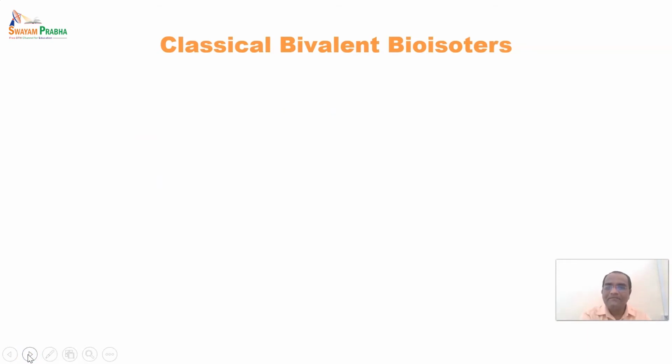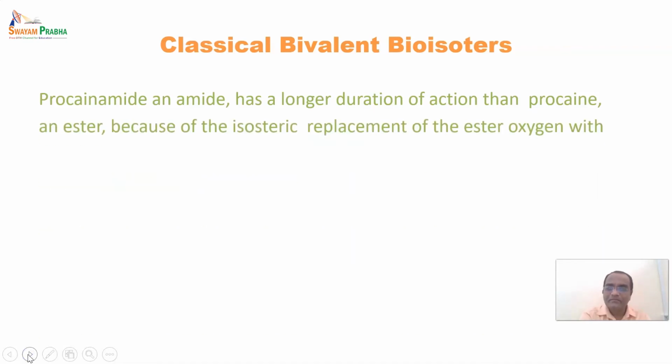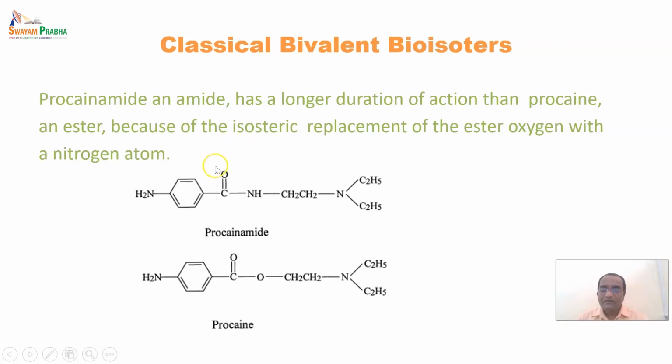After that, classical bivalent bioisosteres. Procainamide is an amide, and has a longer duration of action than procaine, an ester, because of isosteric replacement of the ester oxygen with a nitrogen atom. So this is an example of procainamide and procaine.